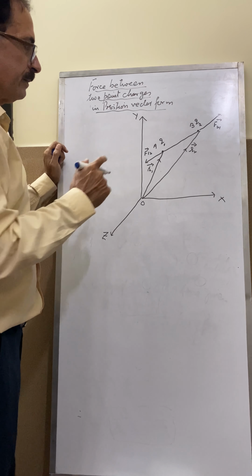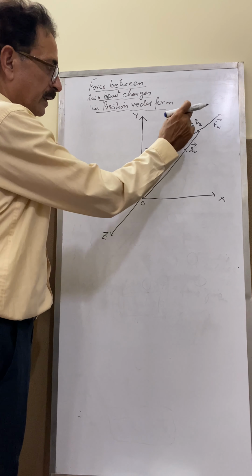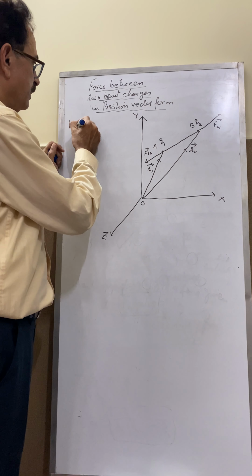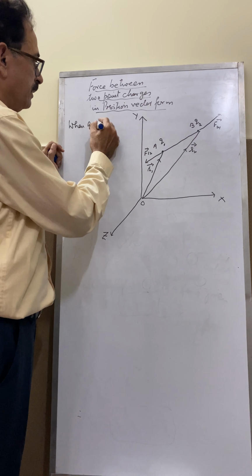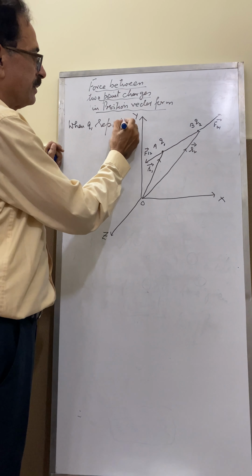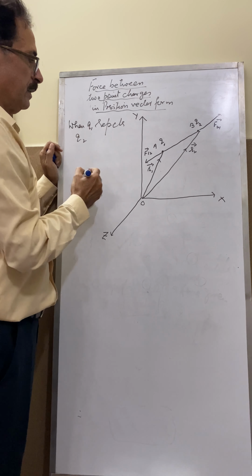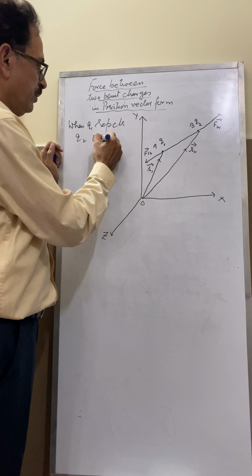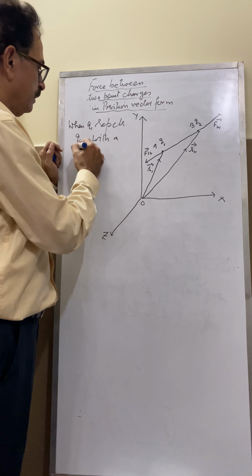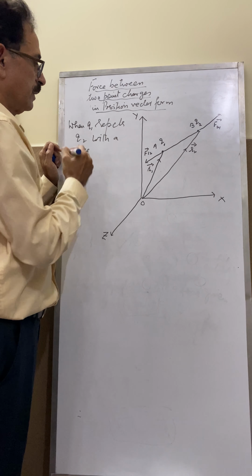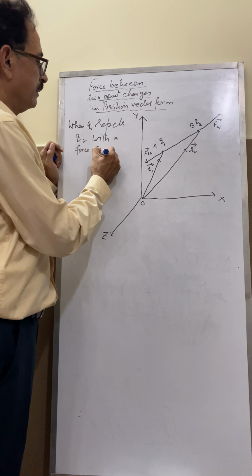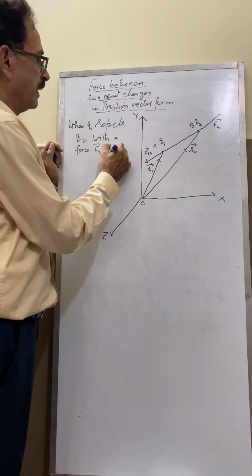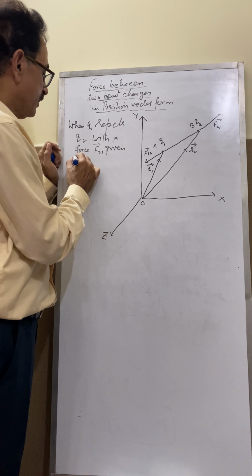Let me suppose when Q1 repels Q2 with a force F21 given by Coulomb's law.